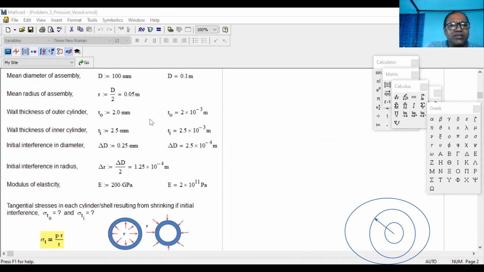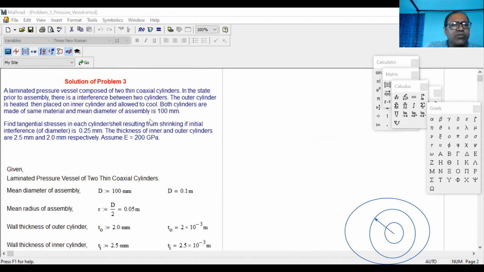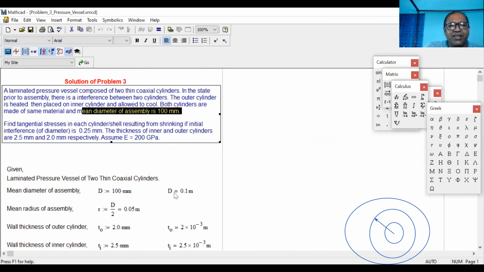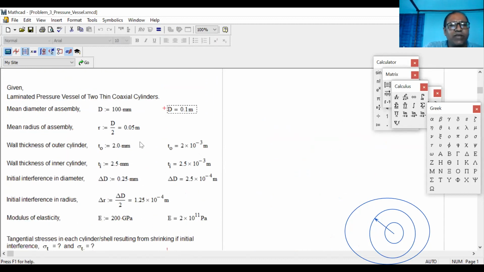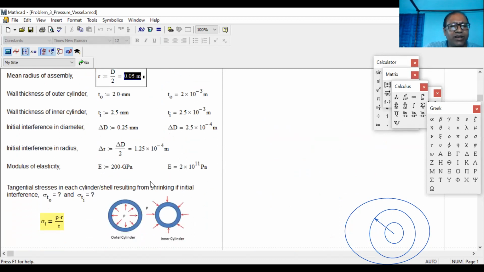The problem says the mean diameter of the assembly is 100 millimeter. You convert the diameter to meters, so you can figure out R: 0.05 meter.